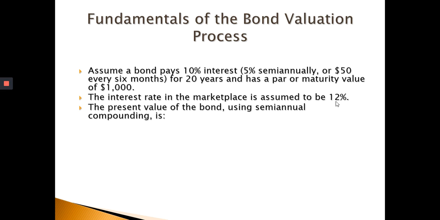Let me give you the answer. Your present value annuity of your coupon is equal to 752.31. I repeat, your present value annuity of your coupon is 752.31. Your present value of your par value equals 97.22.